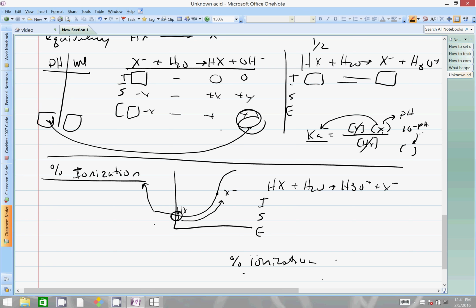Okay, so I need to know my initial concentration. That is going to go right here, times 100. I need to know how much is changing here. Sometimes a delta sign is used for this. That essentially is minus X, not playing a role, plus X, this unknown value, minus X, X, and X.